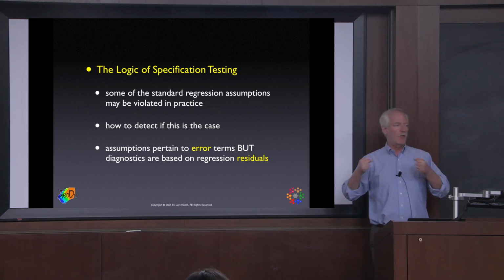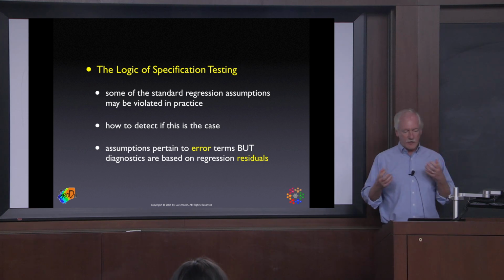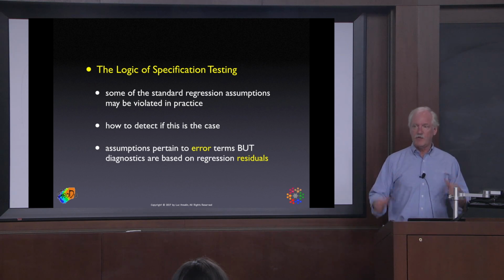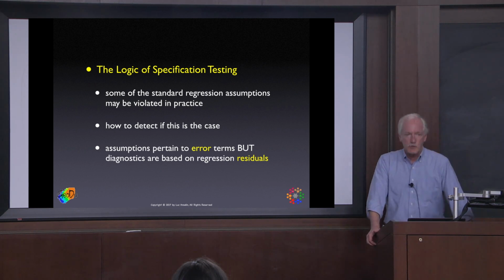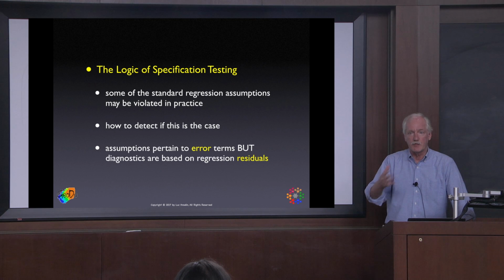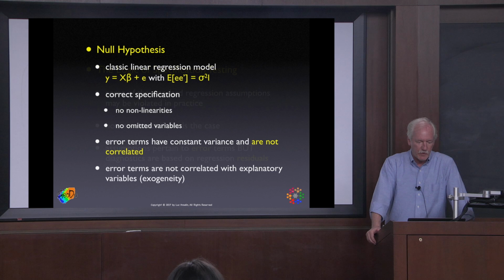That gives us a way to operationalize some of these concepts. And so the critical thing will then be, how can we, on the basis of these residuals, construct strategies to figure out whether or not some of these fundamental assumptions hold? Just to refresh our memories, what are these fundamental assumptions?